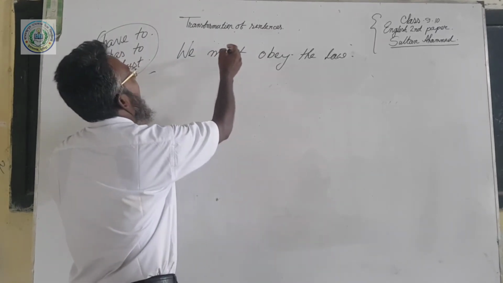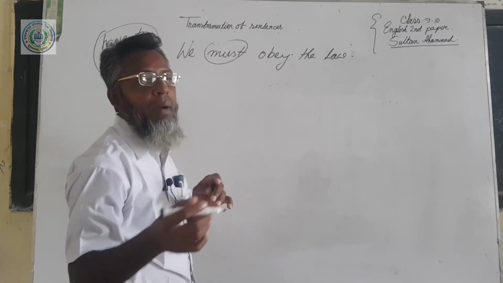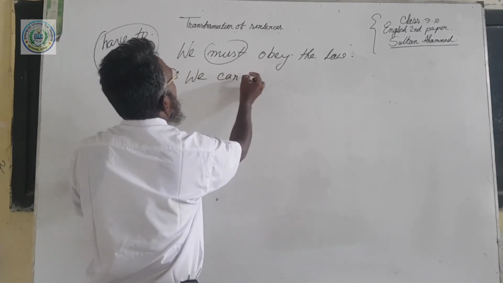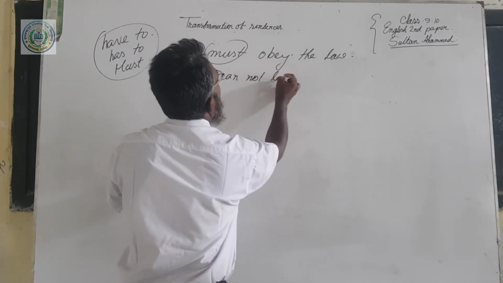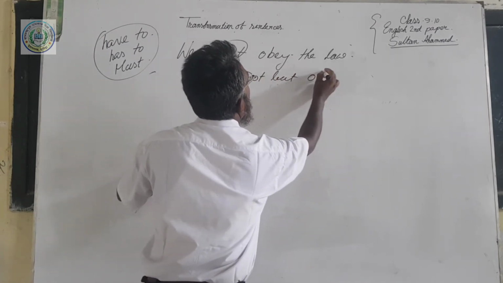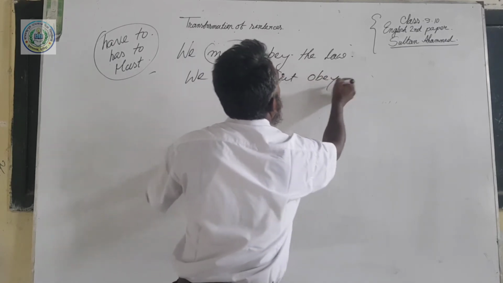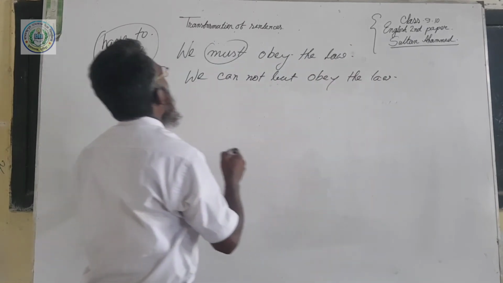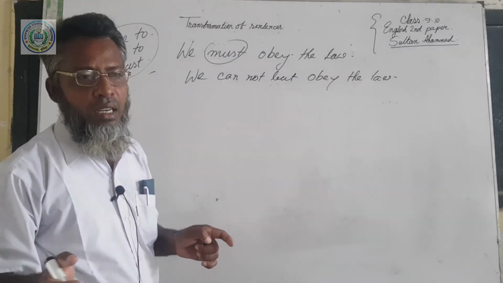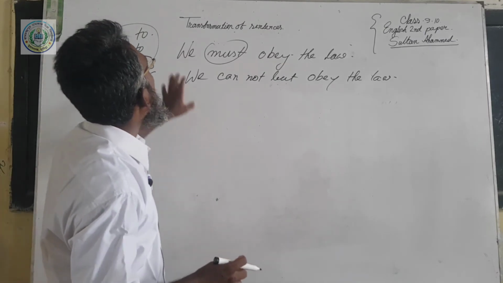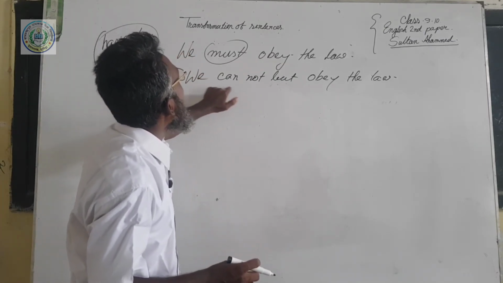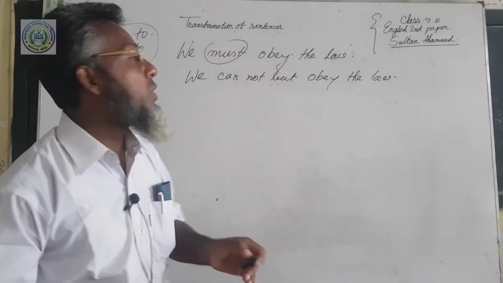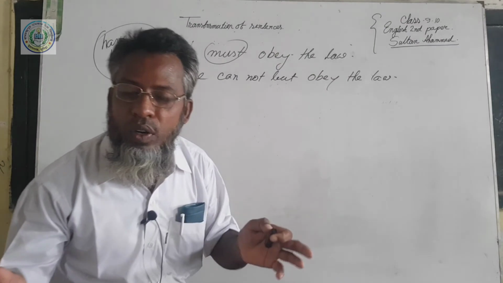You will use, instead of must, cannot but: we cannot but obey the law. If somebody does not want to make this sentence negative in this way, with cannot but, if somebody wants to use cannot help, you can use cannot help.